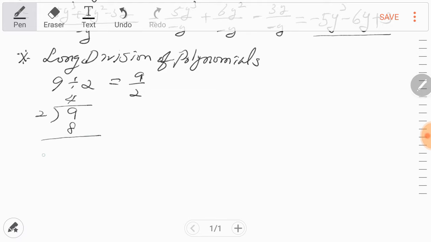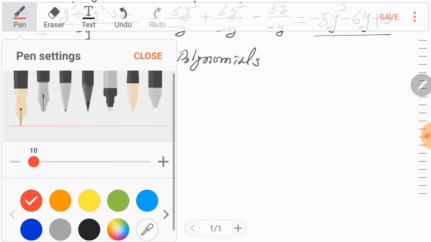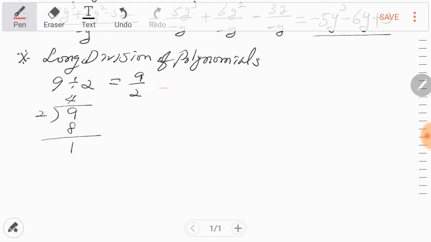And then what do we do next? We subtract. So 9 minus 8 is 1. So we can write this as the quotient plus the remainder 1 over the divisor. This is how we write it.